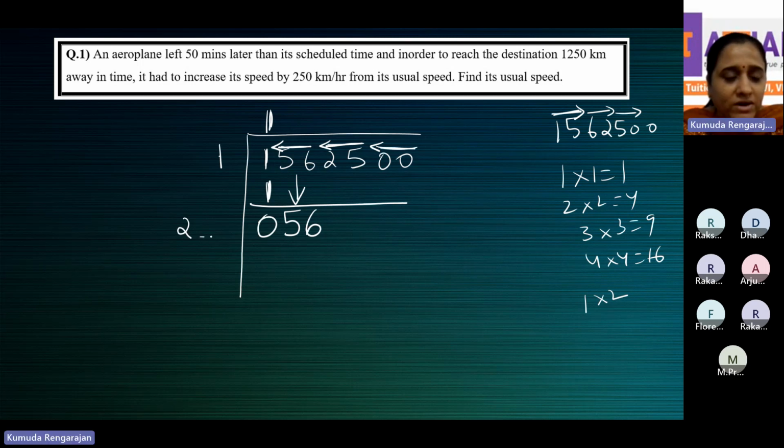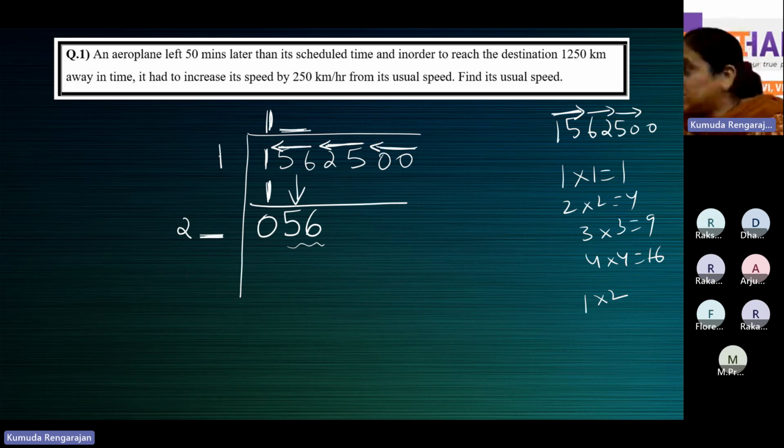Now, whatever digit you place here, you must place the same digit here. And what is it? 56. You must try to get 56 as the product or a number just less than 56. So let's try now. So supposing 3 here.